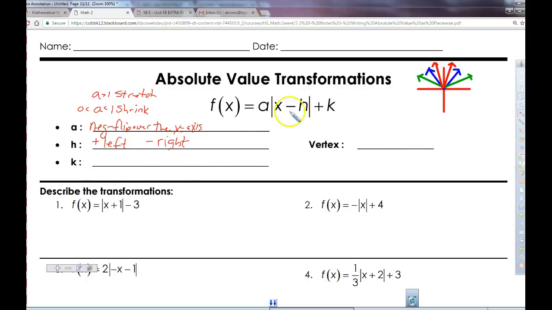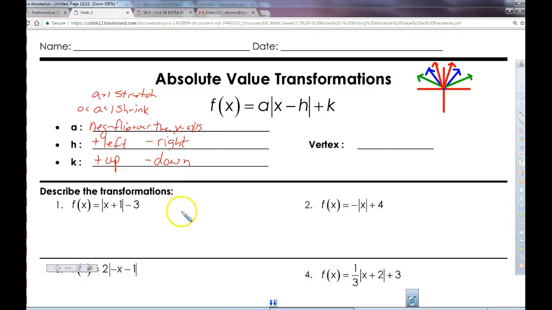Lastly, we have the K value. The K value is the number outside of the absolute value bars, whereas the H is inside the absolute value bars. So the K is pretty straightforward. If it's a positive K, the graph moves up. If it's a negative K, the graph moves down.